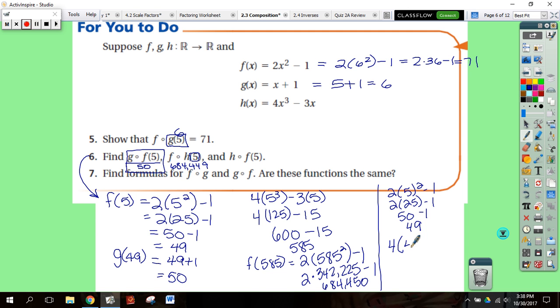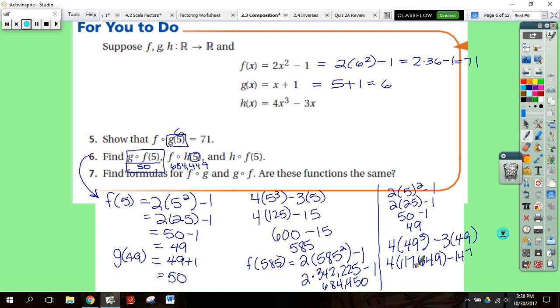So 4 times 49 cubed minus 3 times 49. So 49 cubed would be 49 times 49 times 49, which is 117,649. And then 49 times 3 is 147.